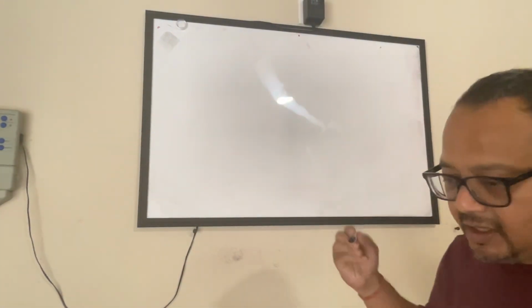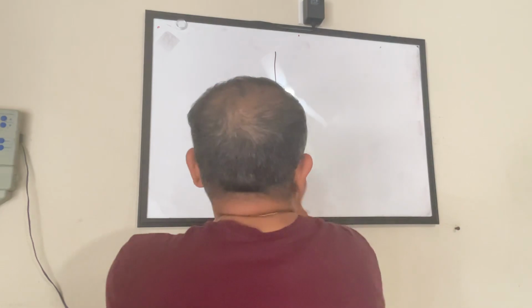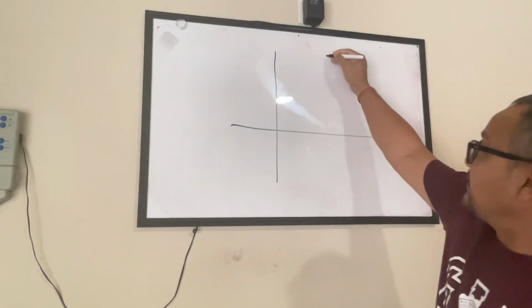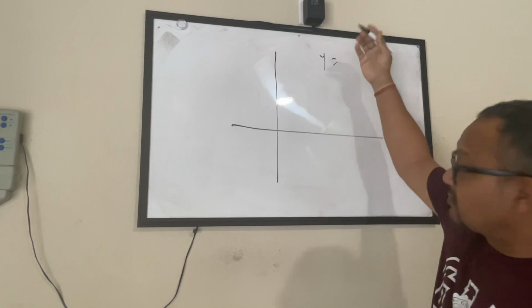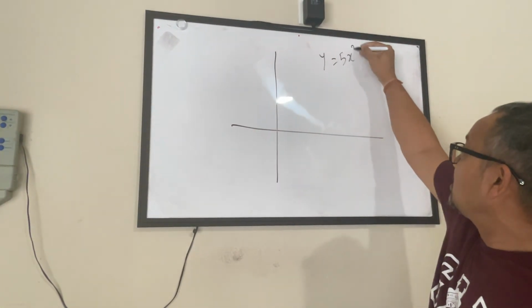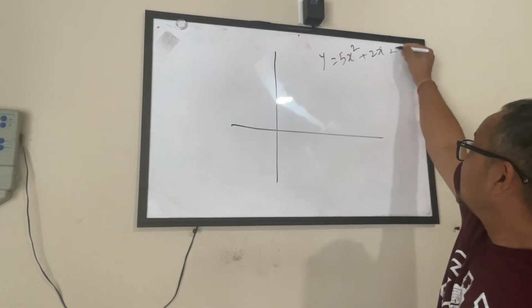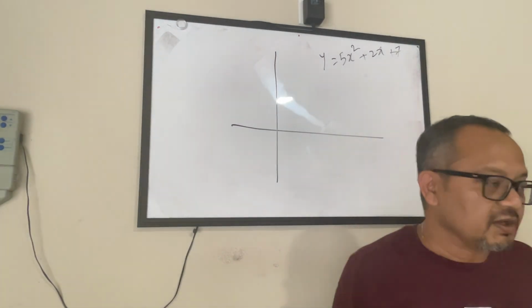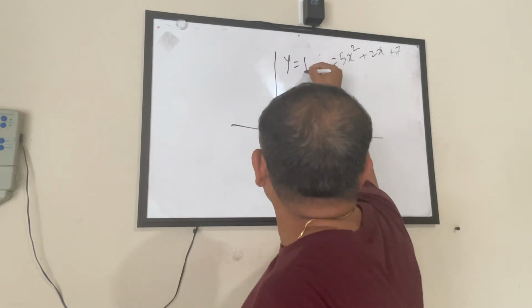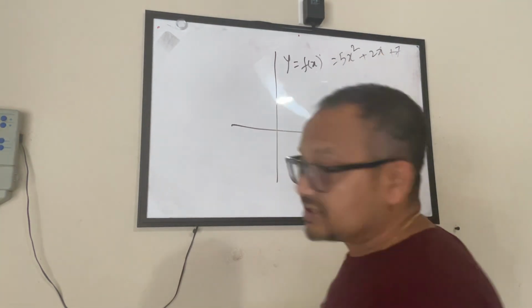So let's start with the basic quadratic functions. Let's say my quadratic equation is y equals 5x squared plus 2x plus 7. Or you say y is a function of x, which is this.